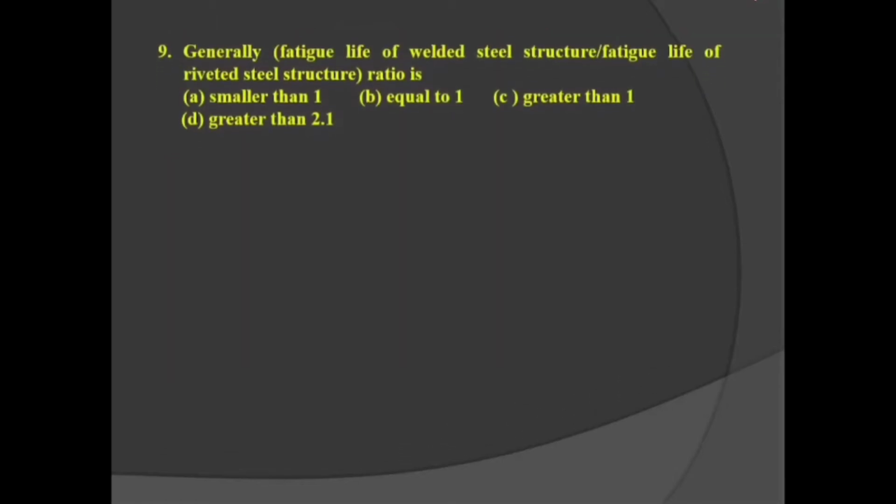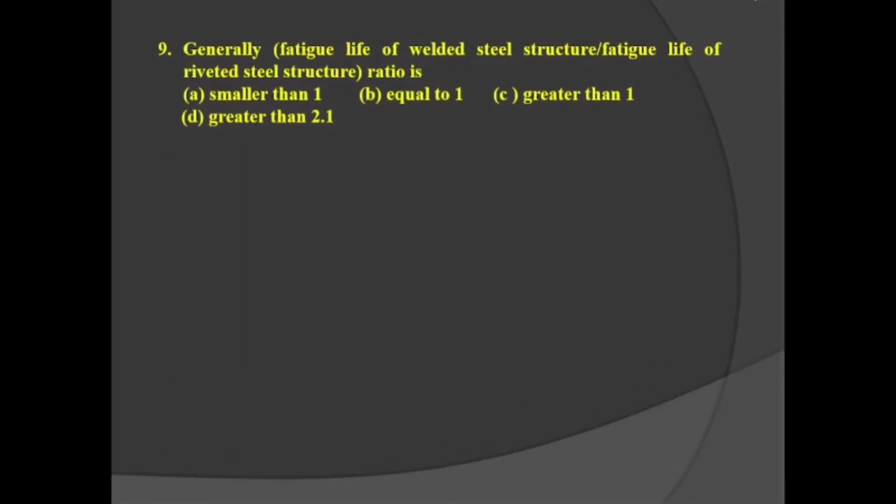Question number 9 is about the ratio of the fatigue life of a welded steel structure to the fatigue life of a riveted steel structure. Generally, we can say that the ratio of the fatigue life of a welded structure to the fatigue life of a riveted steel structure is always less than 1, because welded connections are prone to cracking.